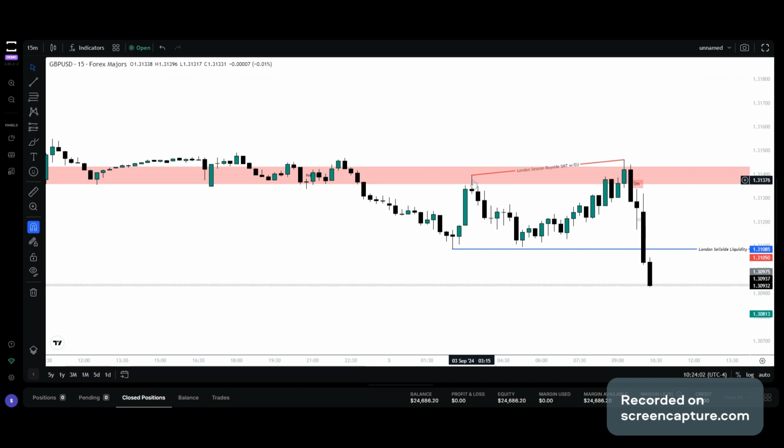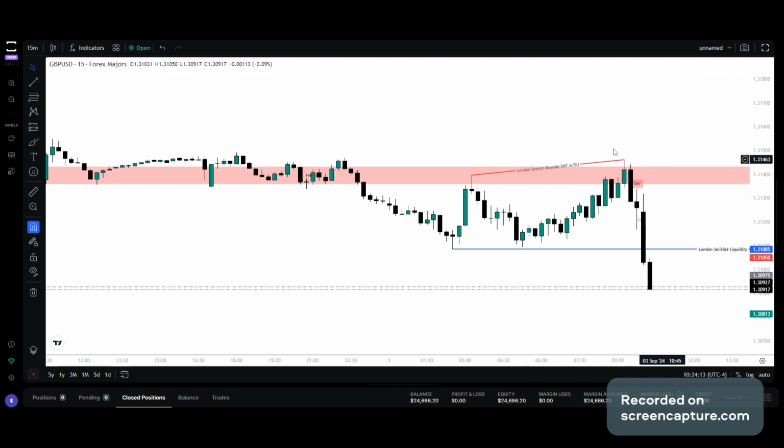It was the London session high, and right here on GU, we swept London's high. On EU, we did not. And then I just liked how price action here for pound, it swept inside of that H4 SIBI that I was monitoring. So normally I would lean to the weaker asset, but in this case, I just like price action more on pound dollar.